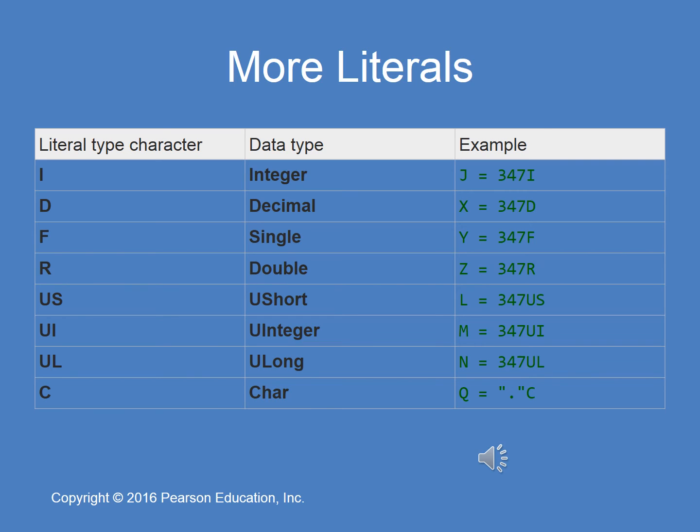The next example, decimal, is a little bit better example in my opinion. 347 looks like an integer, but we want to assign it to x, and we want it to be assigned as a decimal. So we use the letter D. In many cases, this is not necessary, especially in a widening conversion, but it would help in a narrowing conversion.